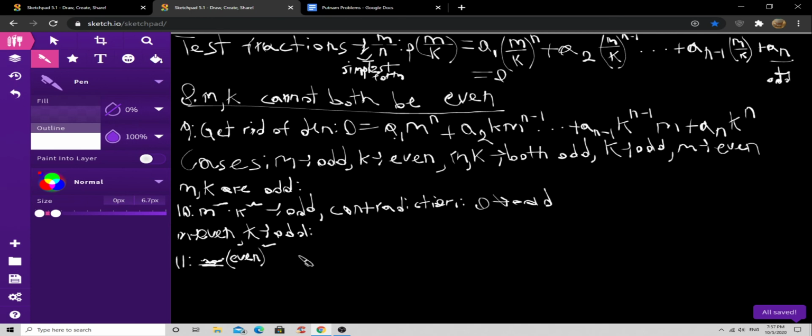So the parity of this is always even. So we're taking m to be even. So all the terms that have m will be even, of course.